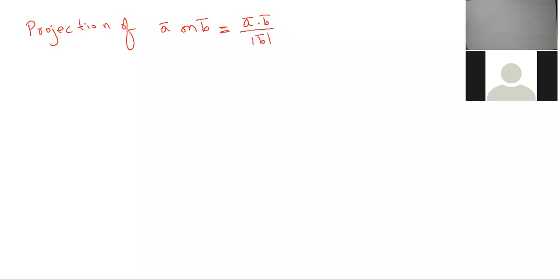We discussed that in vector algebra, right? But now the question is, if the vectors are coplanar, then you can get the projection of one vector on another vector. Suppose this is A bar, okay, this is B bar, and suppose this is A bar, then the projection of A bar on B bar is this vector.